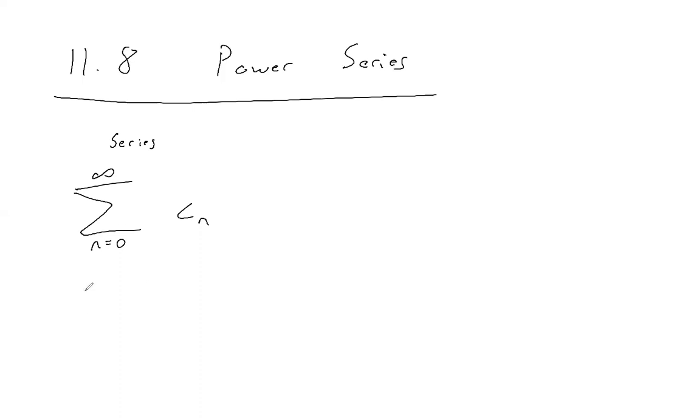Okay. So in these previous sections, we had a couple of questions we asked about each series. First, we asked, does it converge, right? And then if it converged, we asked what was the sum, and we couldn't always figure out what the sum was, but all convergent series have a sum.